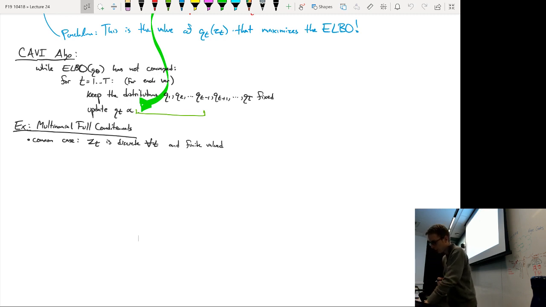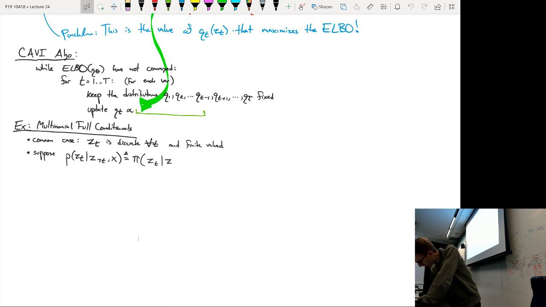So what we have then is, suppose that the full conditional p of zt given z not t and x is defined to be equal to some pi of ct given. So this is sort of funny.